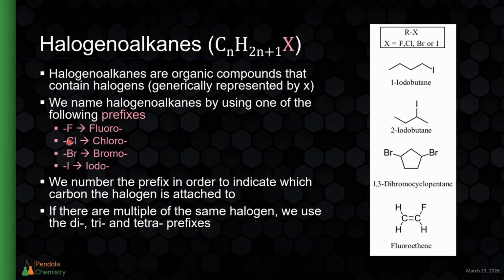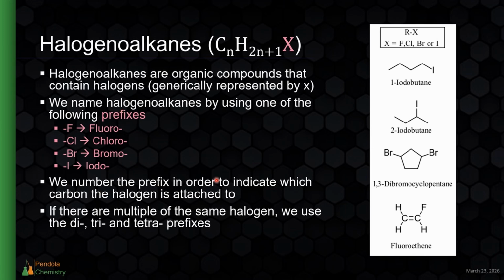If we're putting a chlorine, we use a chloro prefix. Bromine, we use the bromo prefix. And iodine, we use the iodo prefix. So we're going to name the covalent compound, the alkane, the alkene, the hydrocarbon, like normal, but we're going to add a prefix based on which halogen we have added to it.